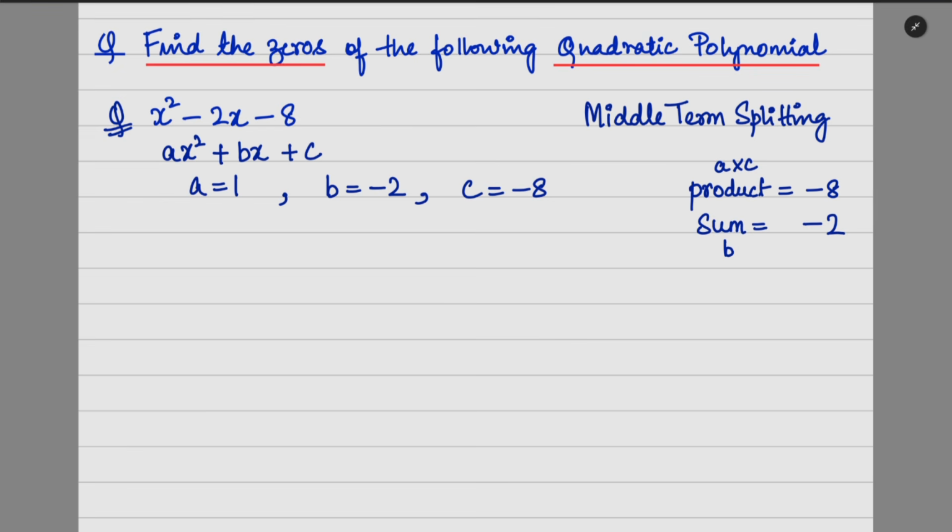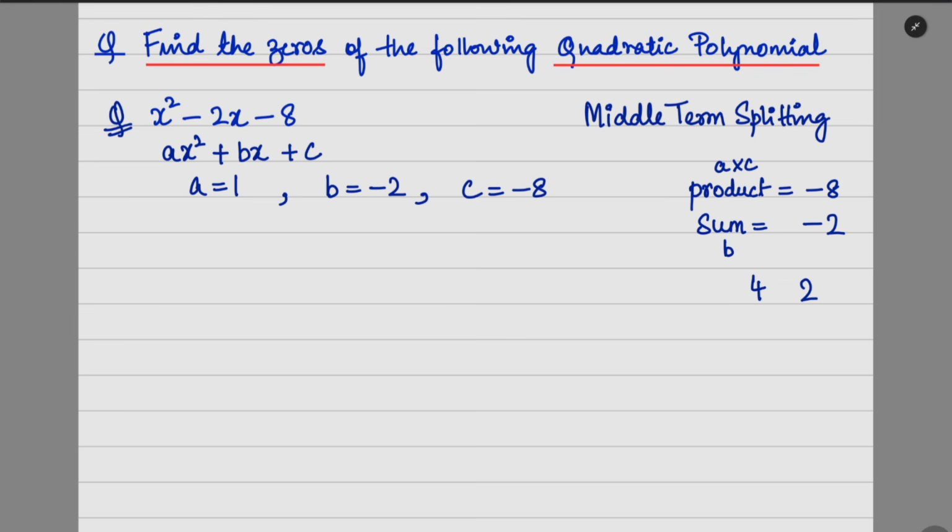So immediately, what are the two numbers which when multiplied will give you 8? You will have 2 into 4, 4 into 2, 1 into 8, 8 into 1, all of these. Now if you take 4 into 2, 4 2s are 8.